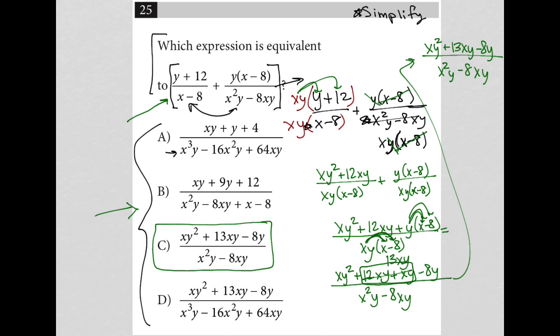We could also use a strategy of plugging in your own numbers, but it just feels like that would be really hard. There's so many x's and y's here. For instance, if you were to say x equals 2 and y equals 3, we can put that into the x and y's from the question and solve and get a value.